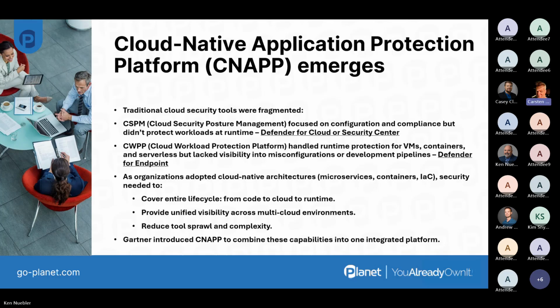With that, Gartner defined something that goes beyond the traditional workload protection and cloud security posture management. As you see on this list, the security posture management and cloud workload protection are both native capabilities of Defender for Cloud.